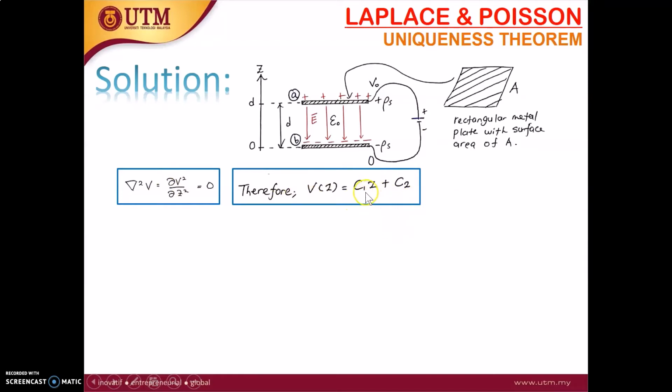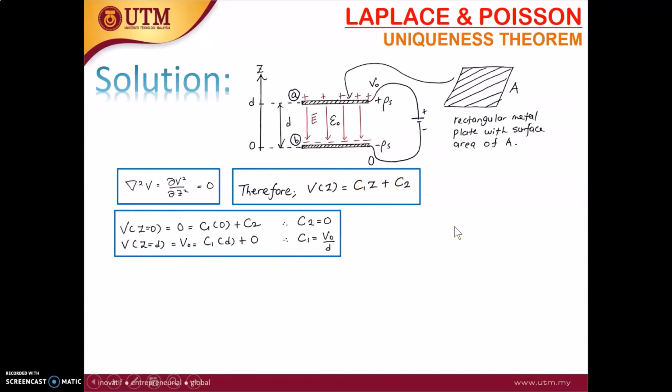And you have to solve what C1 and C2 are. When Z equal to 0, we connect to ground, which is 0, so 0 equals C1 Z plus C2, where C1 Z becomes 0, and C2 also becomes 0.